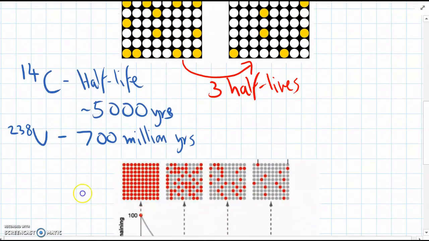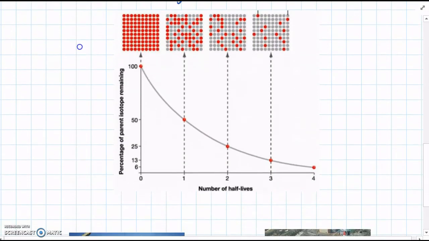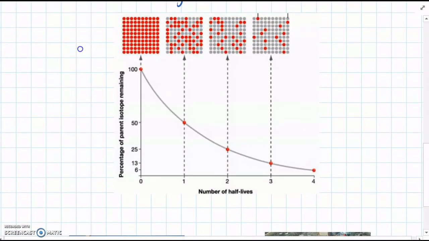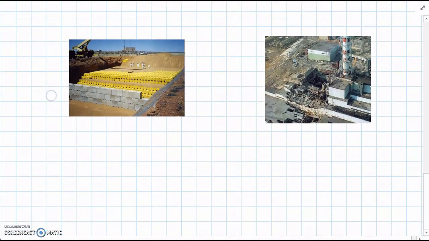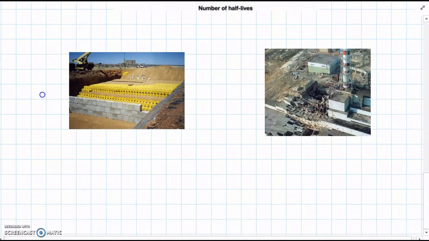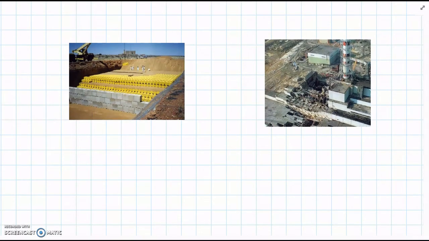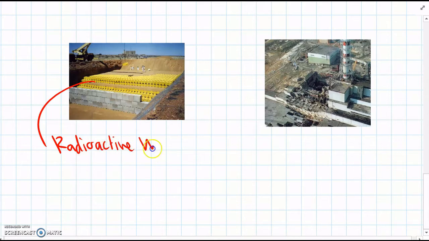So why is the half-life important? Well, here are 2 main reasons. The first is when we use radioactive materials for things, we produce radioactive waste.